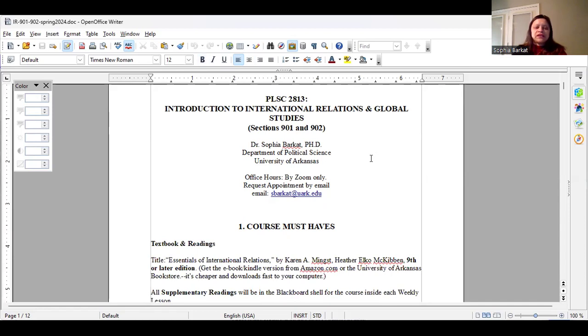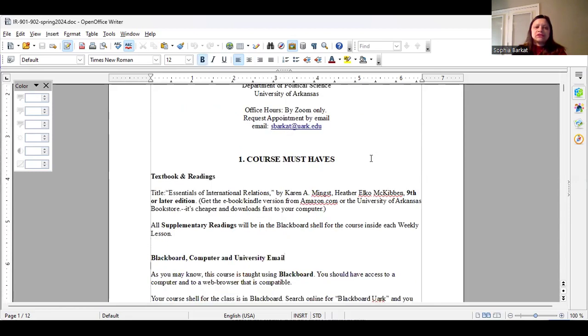Let's look at textbooks and readings. The book that the department requires that we follow is Essentials of International Relations by Karen A. Mingst and Heather Elko McKibben. I try to follow the 9th edition, but as many of you know, the book is in short circulation.